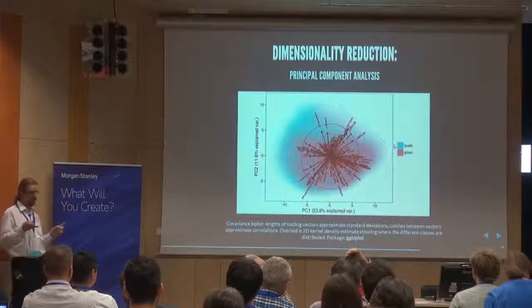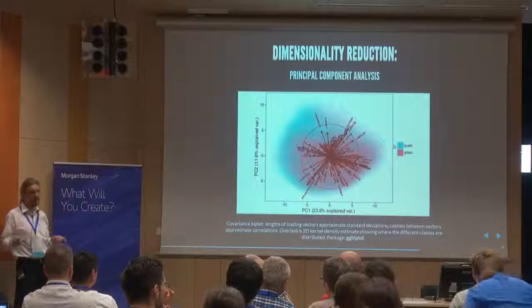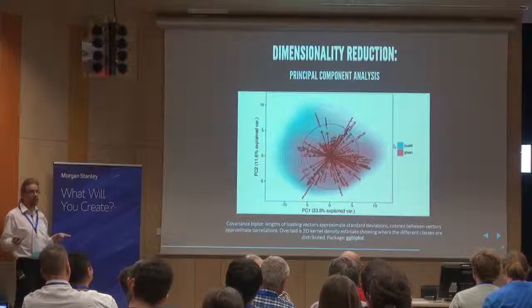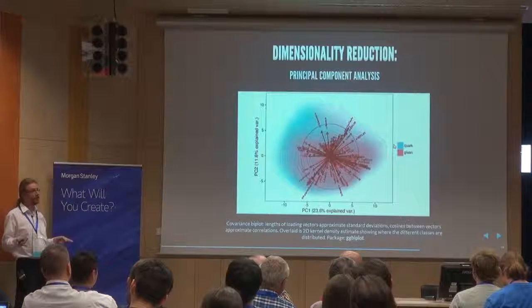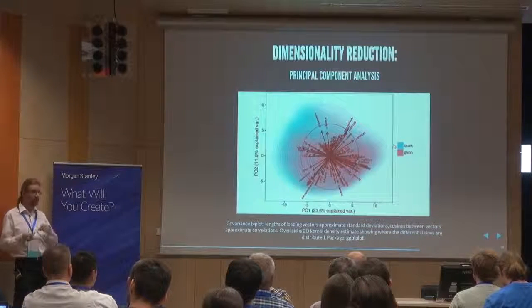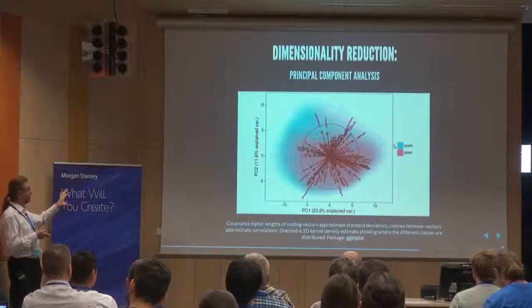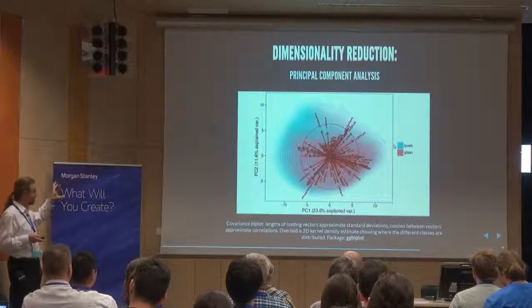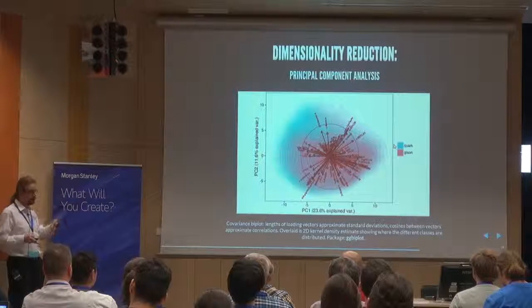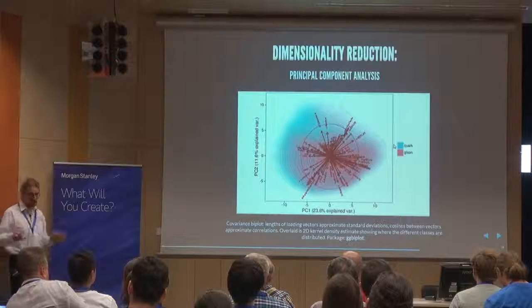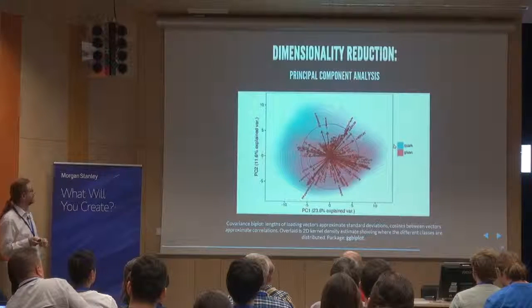The loading vectors have a length which is proportional to the standard deviation of the features, and the angle cosines between them gives you an approximation of the covariance between the features. And overlaid on top of this, I've got a 2D kernel density estimate for the distributions of quarks and gluons. So that is a good way of summarizing a lot of information about the data.